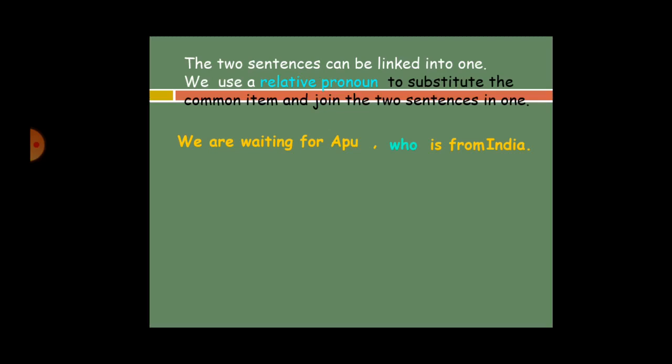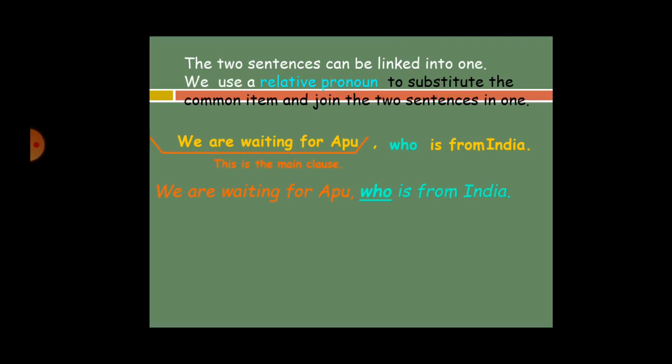We use a relative pronoun to substitute the common item and join the two sentences in one. We are waiting for Apu who is from India. Got it? The two sentences can be linked into one because we use a relative pronoun.